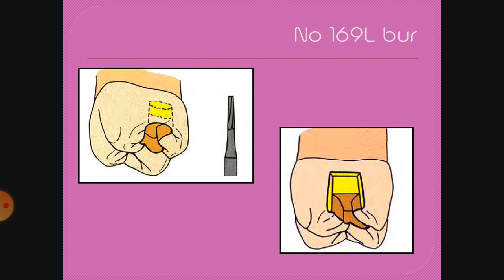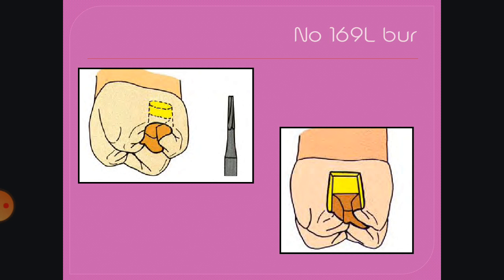You can define the proximal box again with the help of this 169 L burr. Sometimes we also use a sharp enamel chisel or other hand instruments to make the margin smooth, as well as to break out the undermined tooth structure.